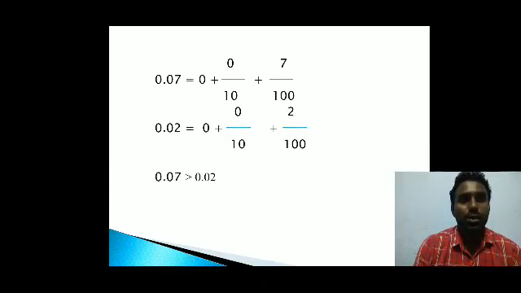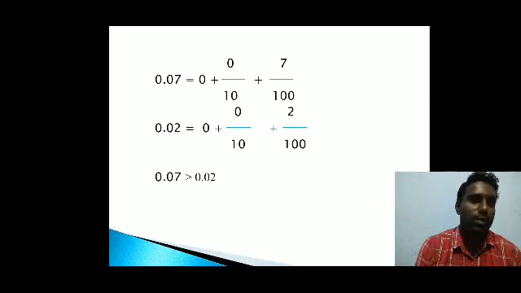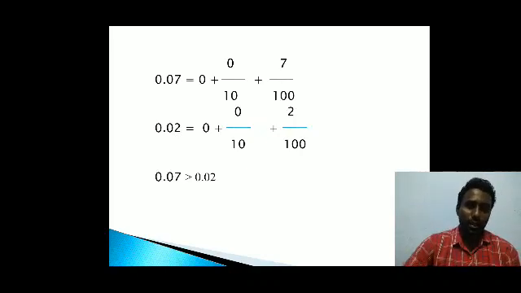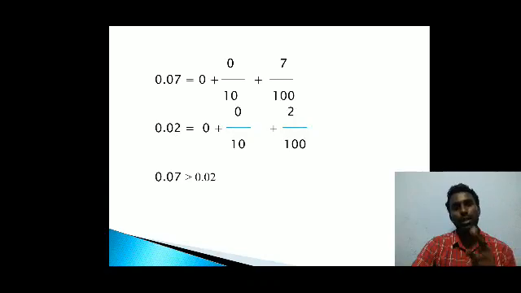Next one, 0.02. So the whole number is 0 plus 0 by 10, the first digit, and the second one 2 by 100. Now before the decimal point, the digit is 0 here and 0 there also. Okay, so no problem at all.